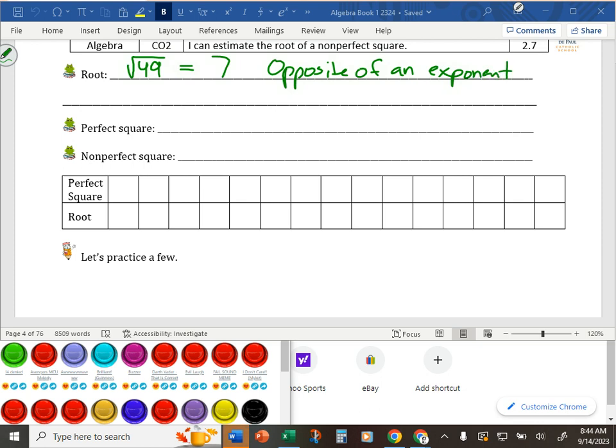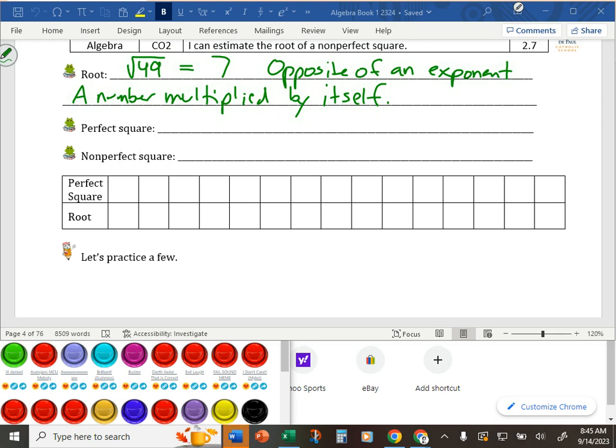That's why we include the R in the order of operations, because when you undo square rooting something, you would square it. If we square 7, we're back to 49. If we square 7 to get 49, we get back 7 by taking the square root. So a root is the opposite of an exponent, and it is when you have a number multiplied by itself.